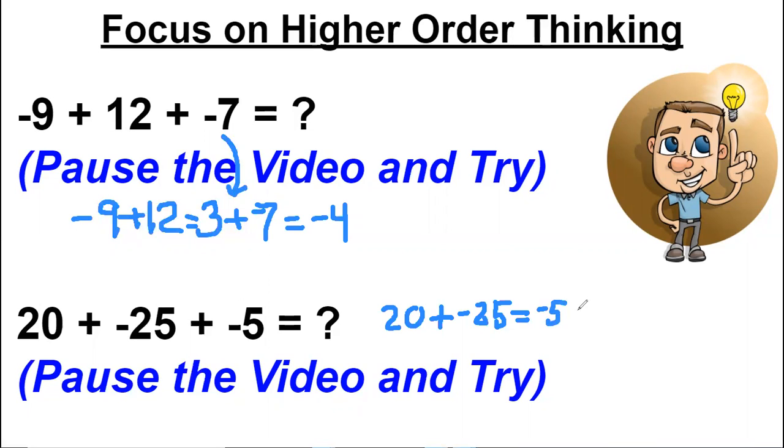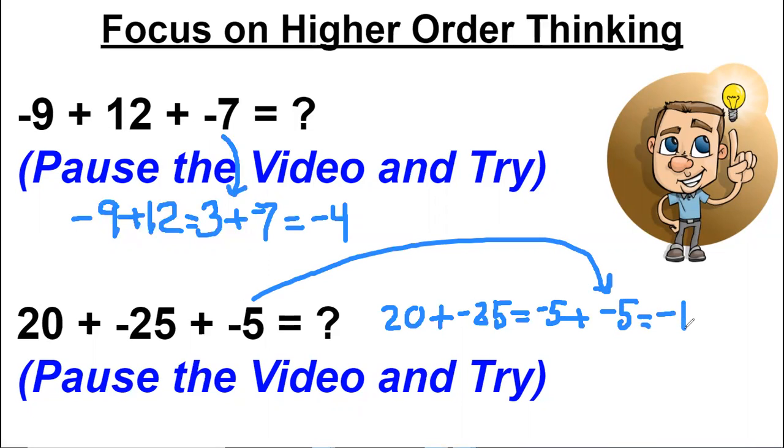And then you have to add the negative 5 that's here to that answer. So now you have a debt of negative 5 plus negative 5. You're going to owe a debt altogether of $10. Did you get those? Getting a little harder, thinking a little higher here.